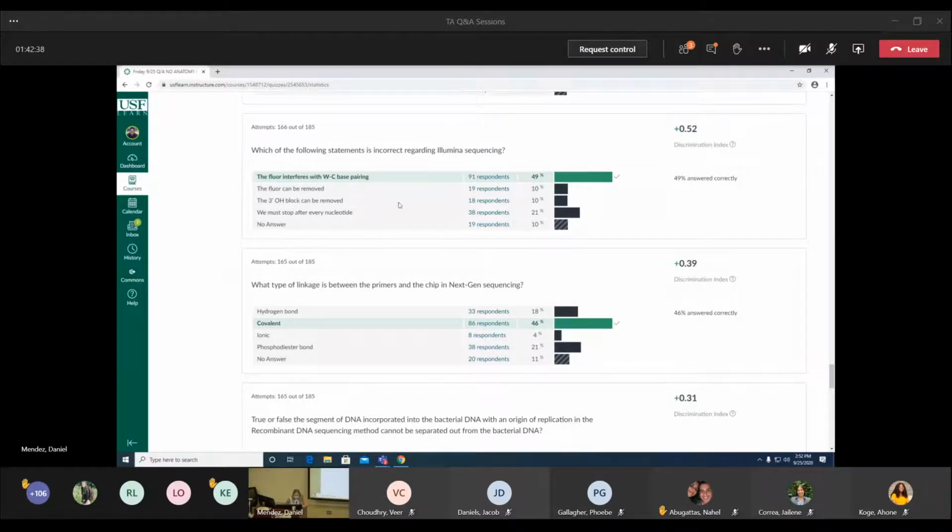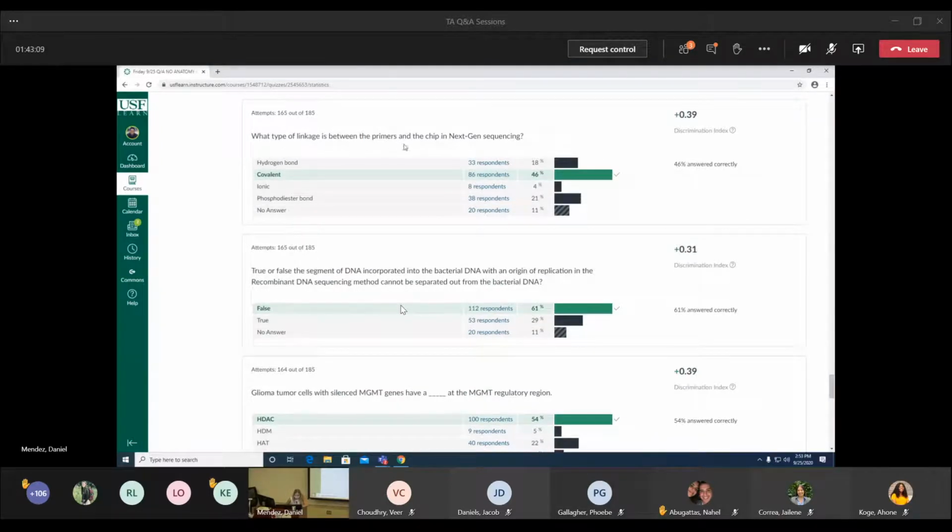And the 3' OH block can be removed. That's what makes Illumina sequencing different from the dideoxy. We can remove that block and then add on a new nucleotide after that. So that is true. And we must stop after every nucleotide. That is also true because we're stopping to take that picture so that we can compare and then make the sequence from there. So all of those are true except for the first one.